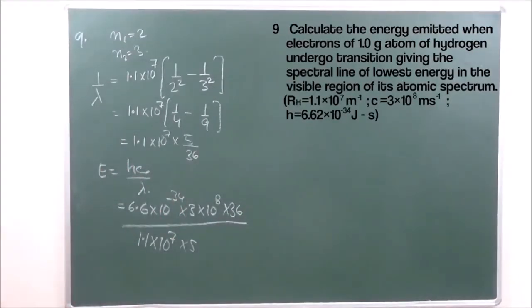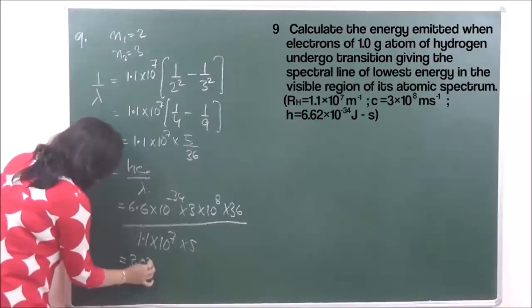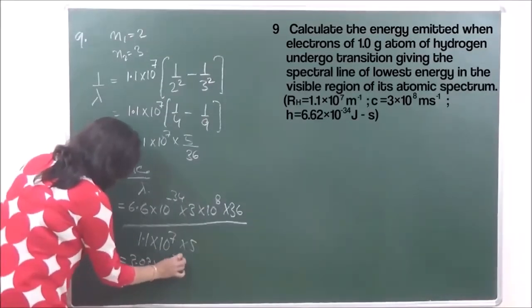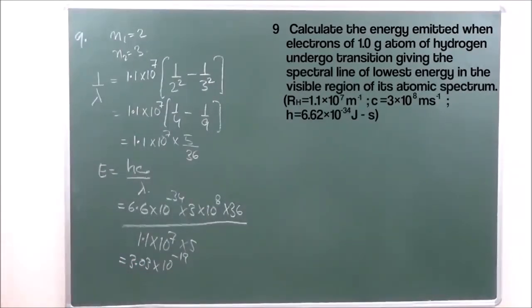This when calculated, it comes to 3.03 into 10 raised to power minus 19. This is the value of energy.